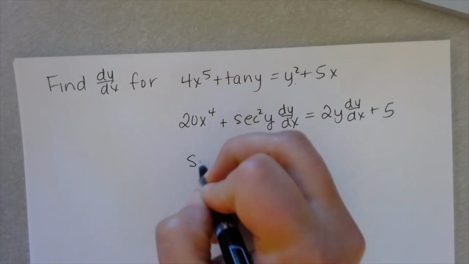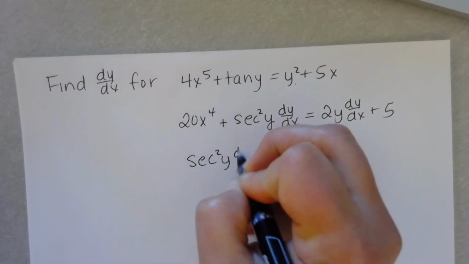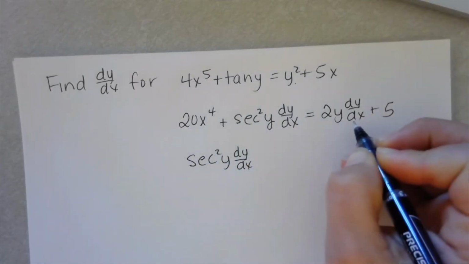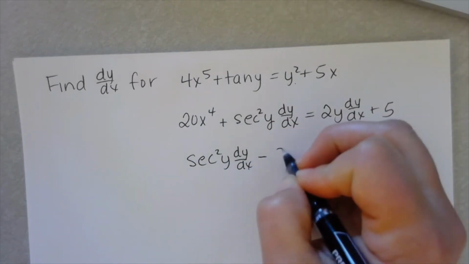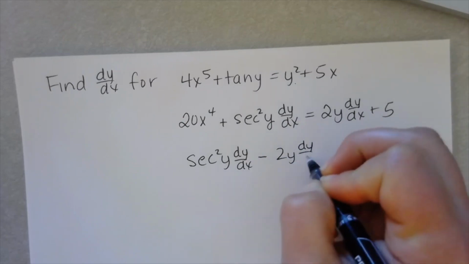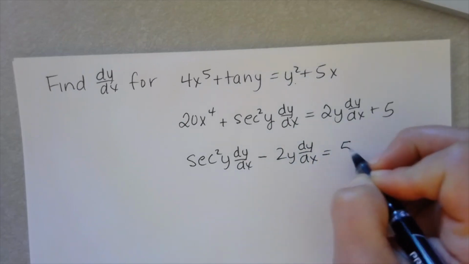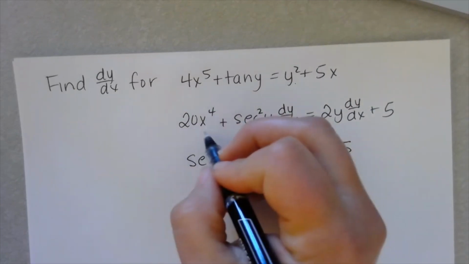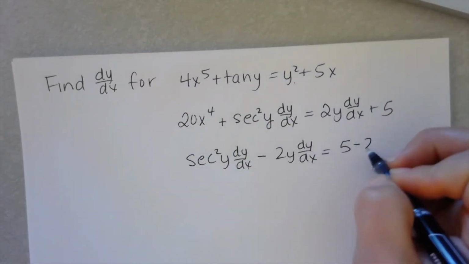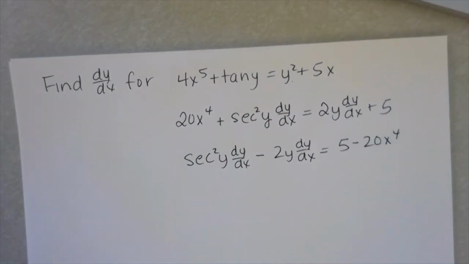So this will end up secant squared y dy dx on this side, and then I'm going to move this one over here. So this is minus 2y dy dx, and then this 5 was already here, and I needed to move this over, so this will be minus 20x to the 4th.